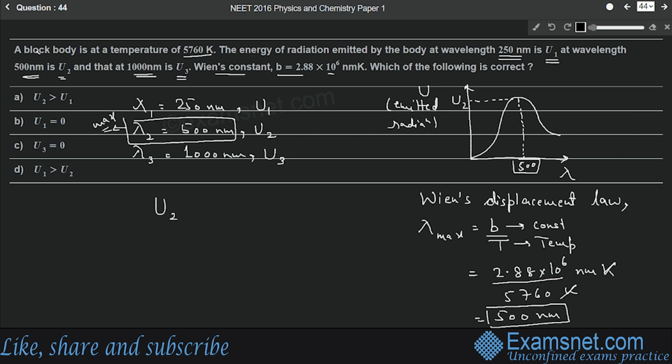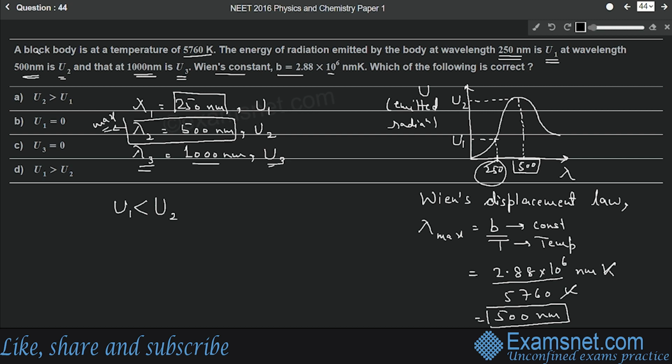Then lambda 1 is 250 nanometer, so it will come before 500, somewhere here. Its corresponding energy will be somewhere here, U1. So U1 is less than U2. And if we talk about U3, where is lambda 3?